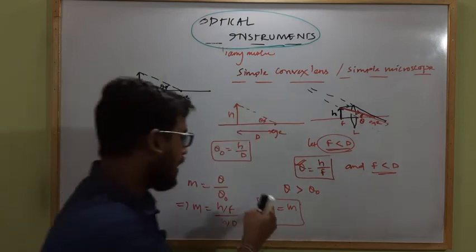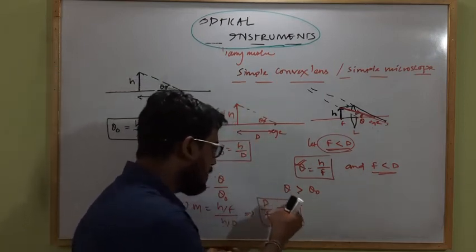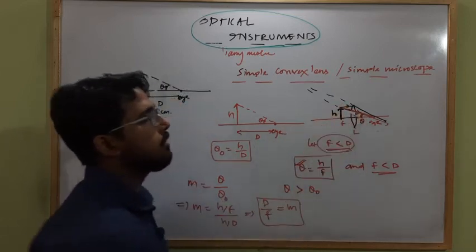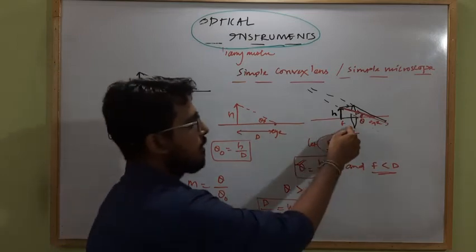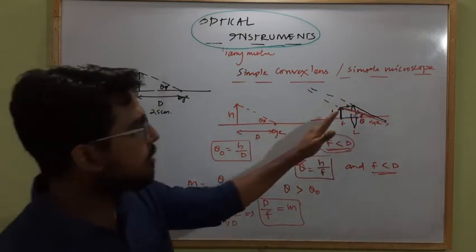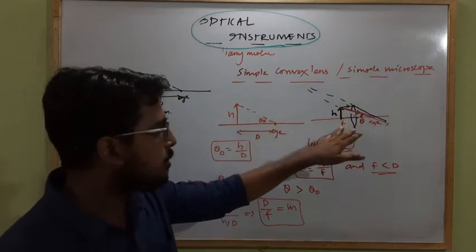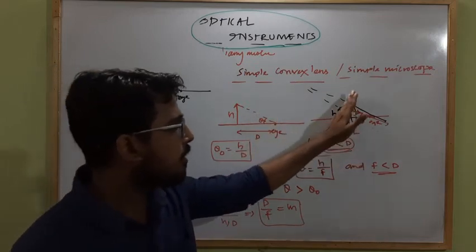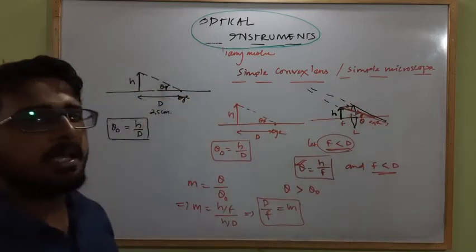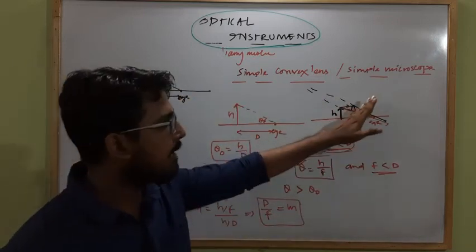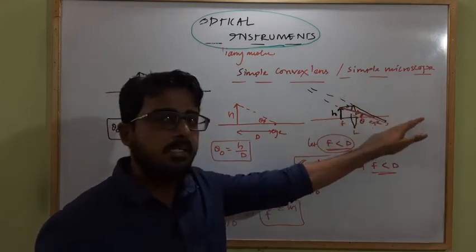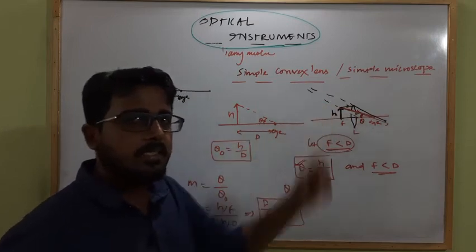Clear? And this magnification is obtained when the object is placed at the focal length of the lens and the image is formed at infinity. As the image is formed at infinity, because the object is at the focal length and the rays are parallel to the eye, the ciliary muscles of the eye are in a relaxed position, because parallel incident rays can travel up to infinity, so they can easily reach the retina. So the ciliary muscles are in relaxed mode.